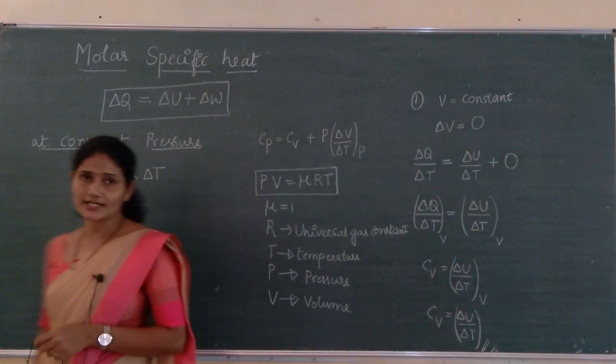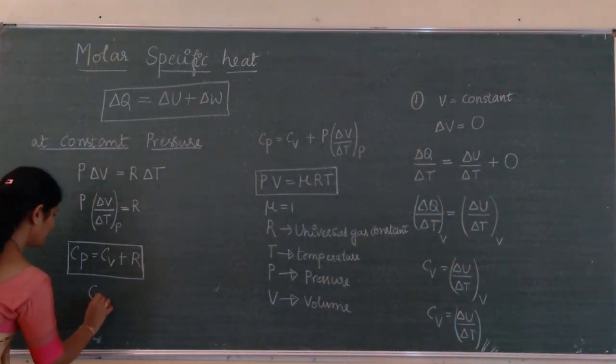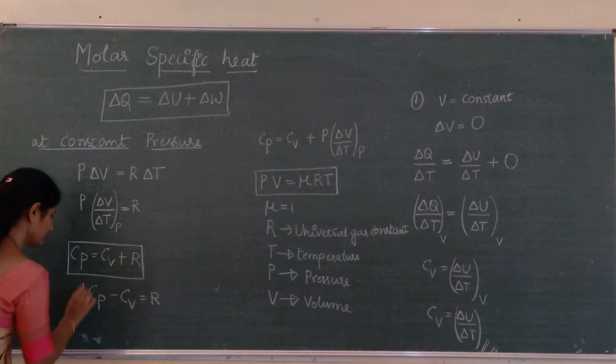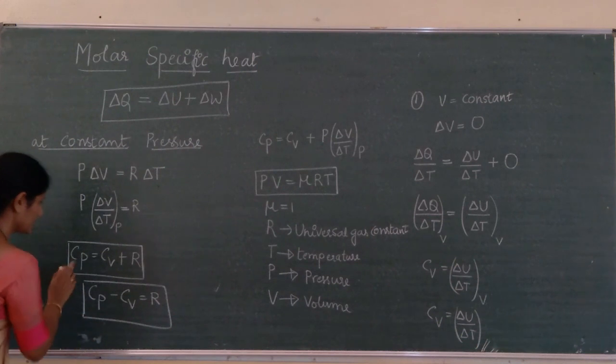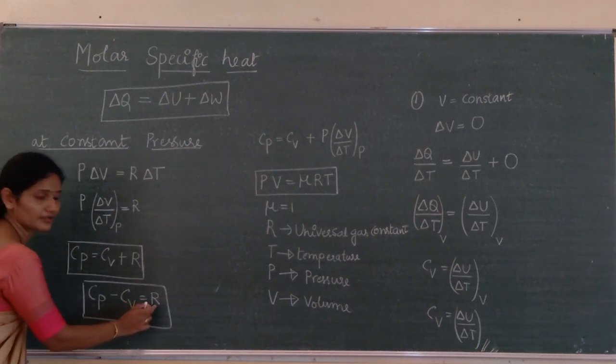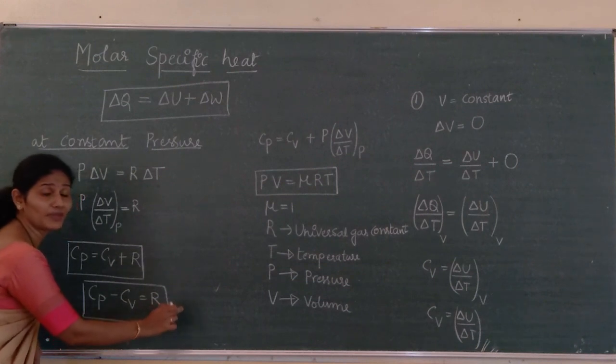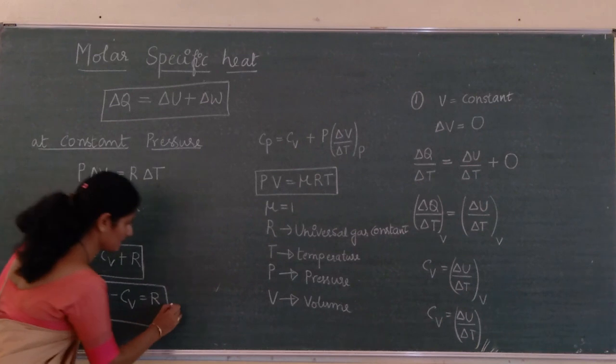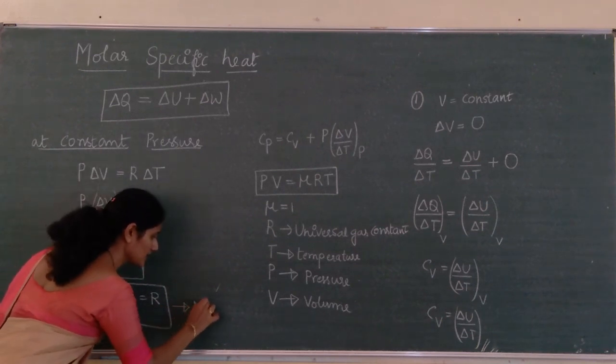This equation can also be written as Cp minus Cv is equal to R. This equation is called Mayer's equation.